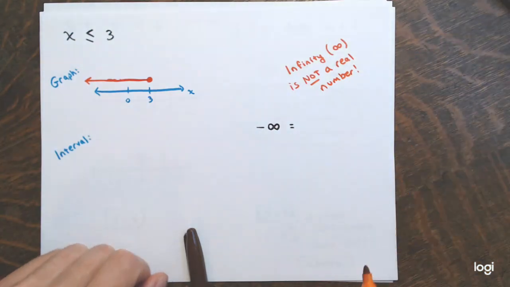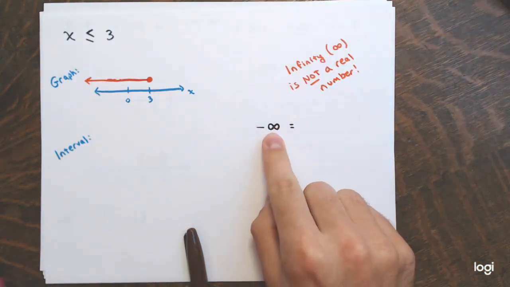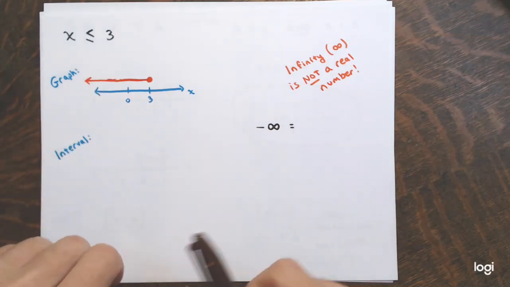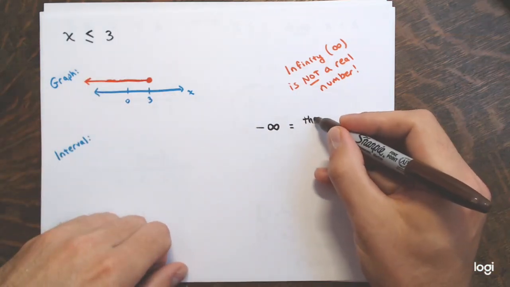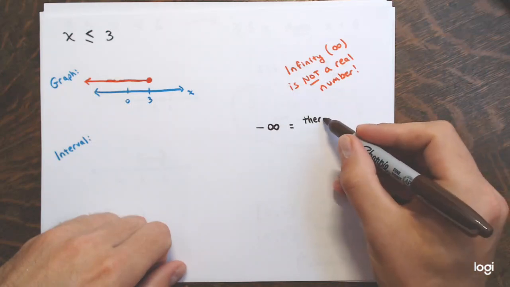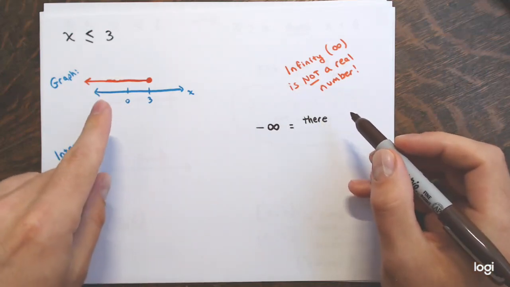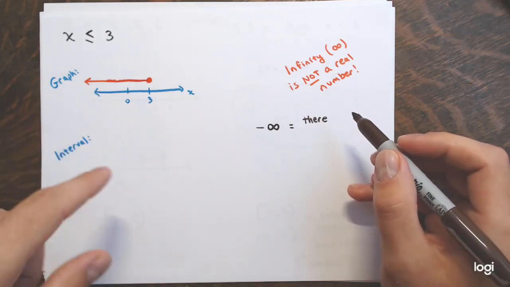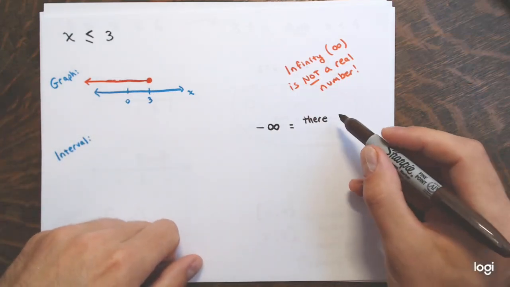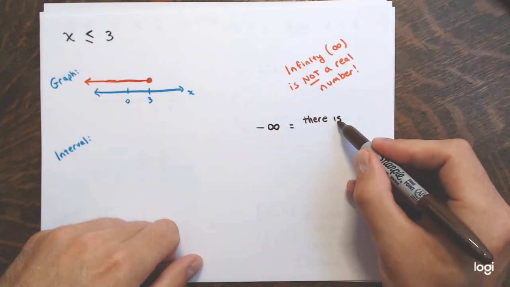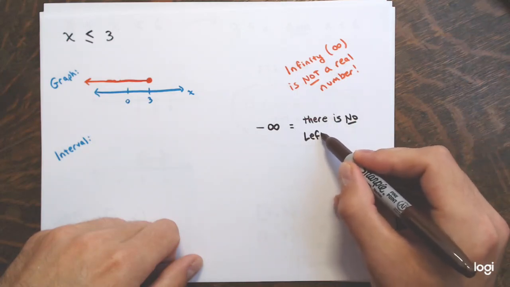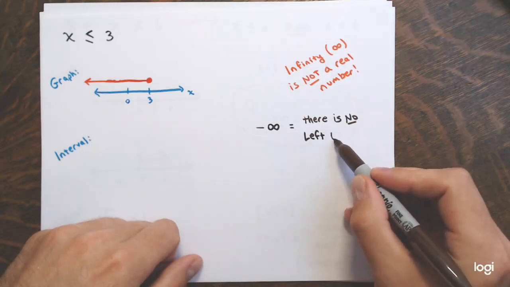This would just indicate that there is no left endpoint. There is no smallest solution. You say, oh, negative a million is the smallest. Well, what about negative a billion? There's always one smaller. So there is no left endpoint when you put negative infinity in your intervals.